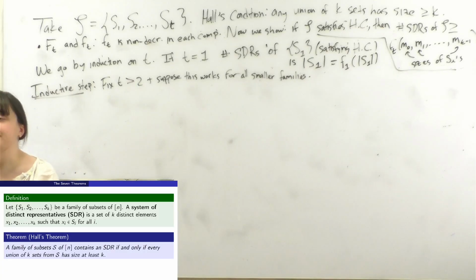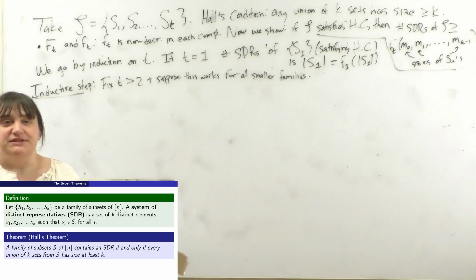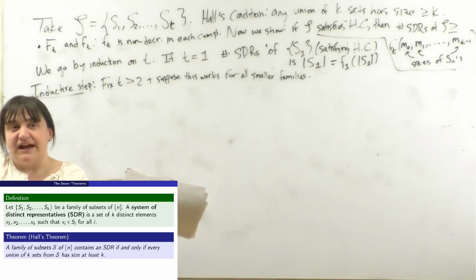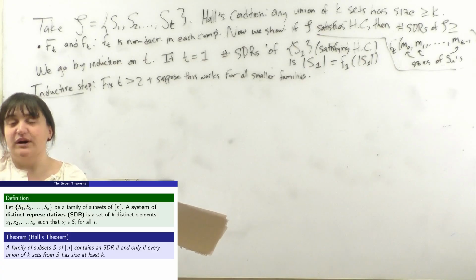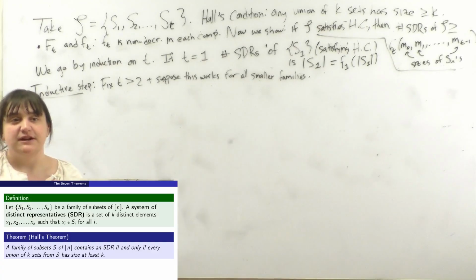This is another one where it is important to have the strong inductive hypothesis, because we're basically going to try to take a family of t sets and partition it into two halves where I can apply the inductive hypothesis on both halves and somehow get a product of two of these f functions, which I then infer is actually another f function in disguise or bounded by. But I'm not going to necessarily be able to guarantee exactly how this partition looks. It doesn't necessarily have to have one element in one part and the rest in the other.